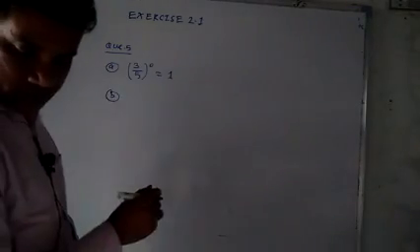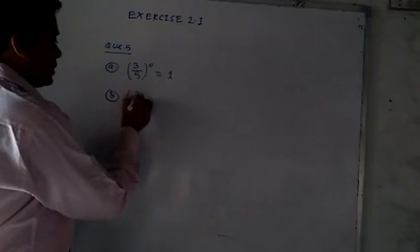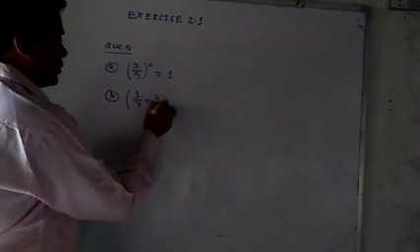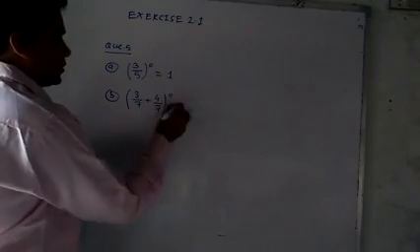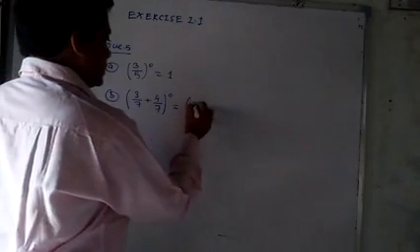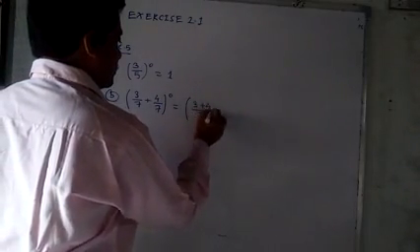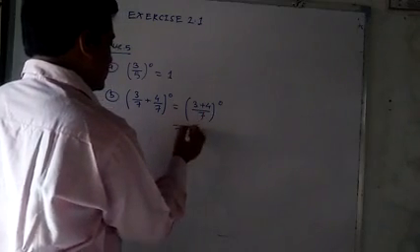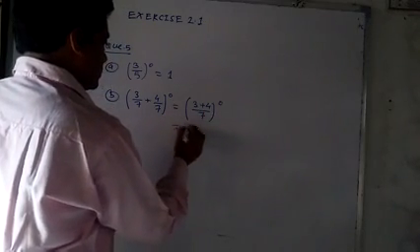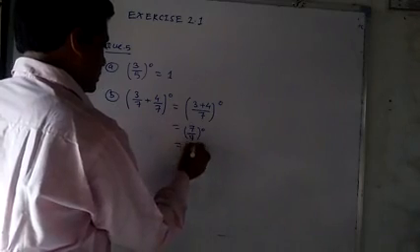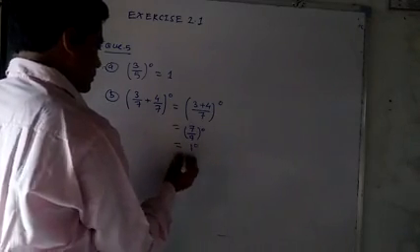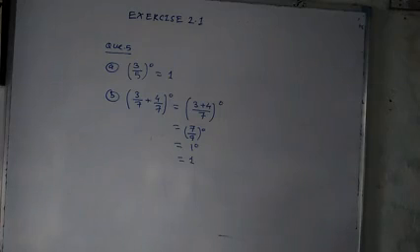B, 3 by 7 plus 4 by 7 to the power 0 means 3 plus 4 by 7 to the power 0. 7 by 7 to the power 0 means 1 to the power 0 is 1. 4 to the power 0.